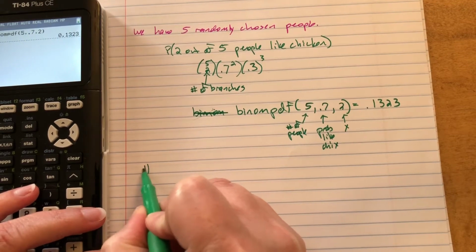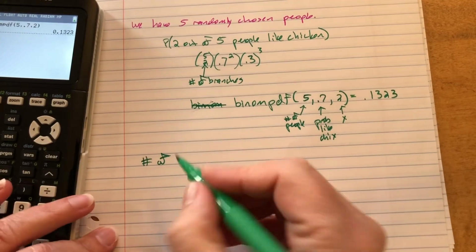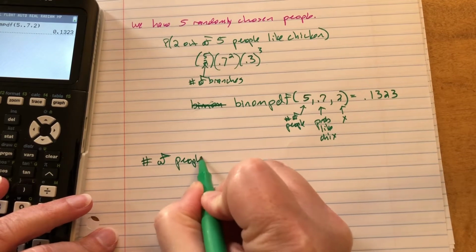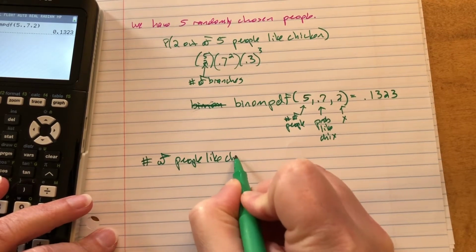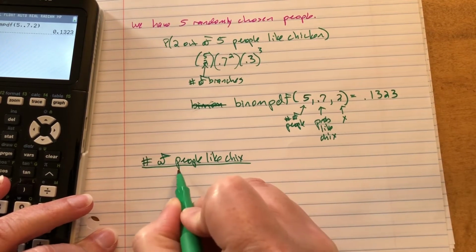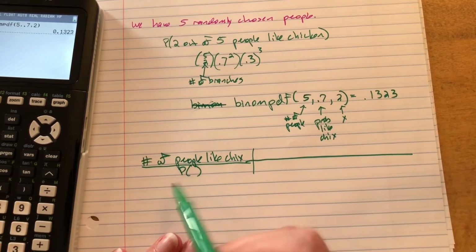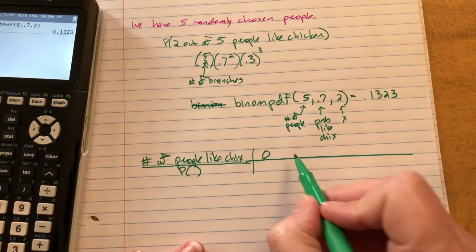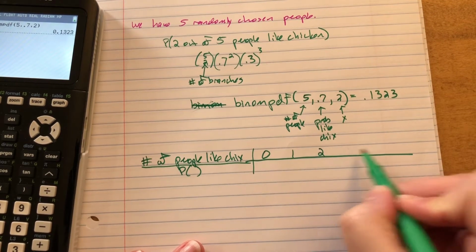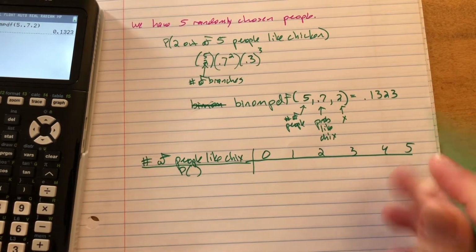So I'm going to say number of people that like chicken, okay? And then the probability, okay? So out of 5 people, of course this is out of 5, I can have nobody liking chicken, 1 person, 2, 3, 4, or 5, okay?